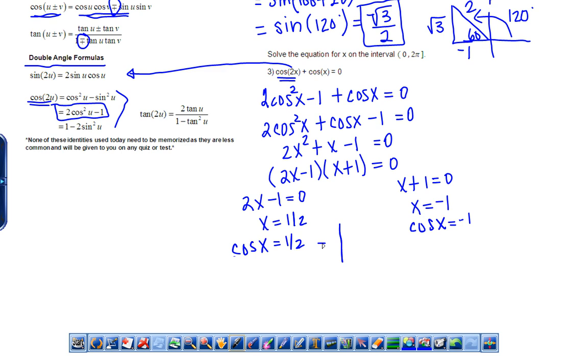So you would draw your triangles. That would be 1 and 2. Since we are in radians, that's going to give me pi over 3. And it's also going to be positive down here, so that's going to be 5 pi over 3.